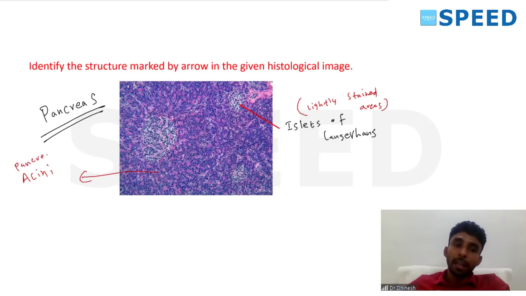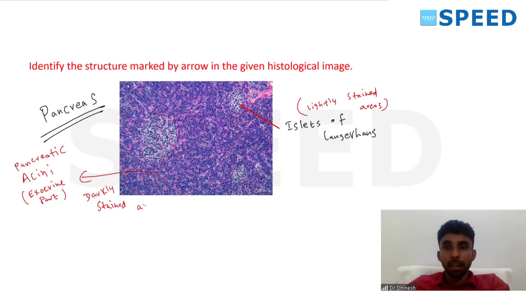The exocrine part is involved in the secretion of pancreatic juice. As you see in this diagram, they are darkly stained, in contrast to the islets of Langerhans, which are lightly stained areas, isn't it?